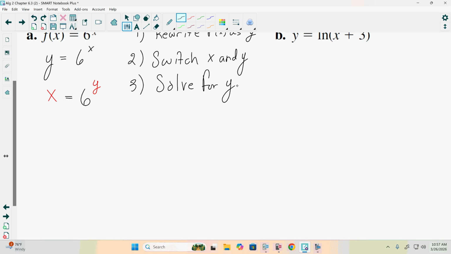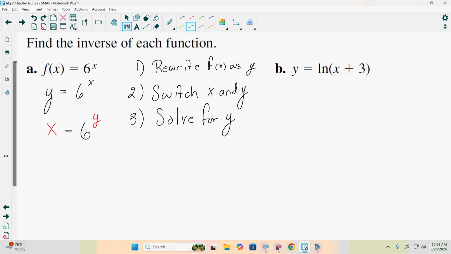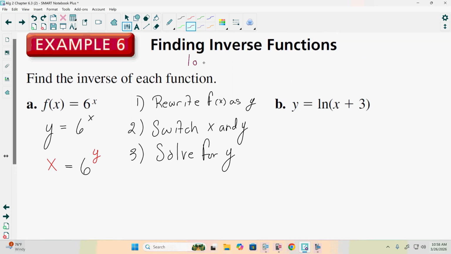Now we're going to solve it for y. All we're going to do is what we did yesterday. We're going to rewrite it from an exponential to a logarithmic. Log base b of x equals y if and only if b to the y equals x.